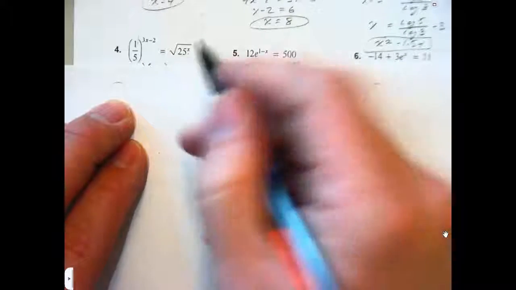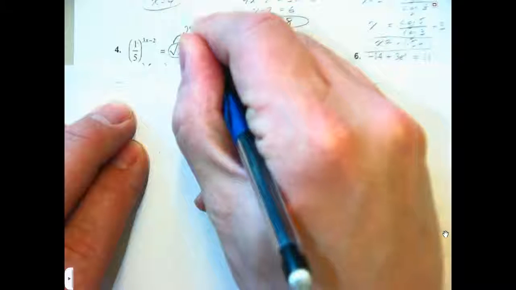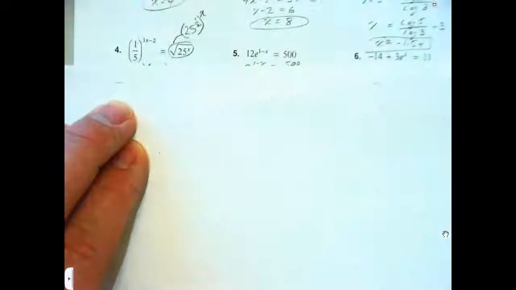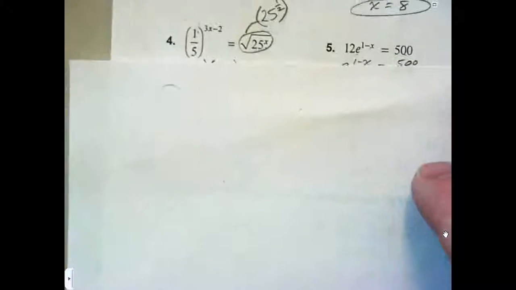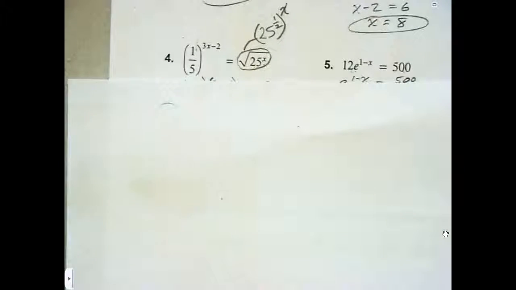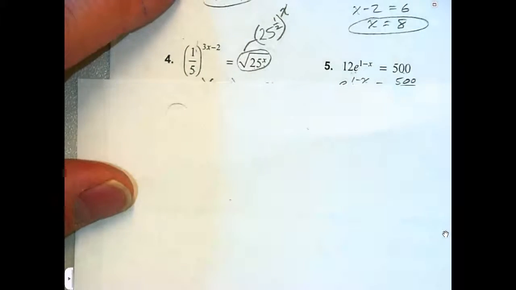This right here, it's good to rewrite it to begin with as 25 to the 1/2 x. Okay? So rewriting it in exponential form is helpful. I get rid of those radicals right away, not because I don't like radicals, but because it's easier in exponential.